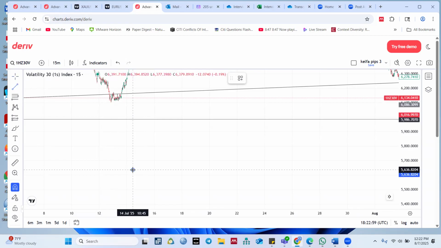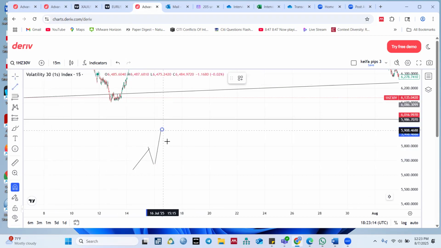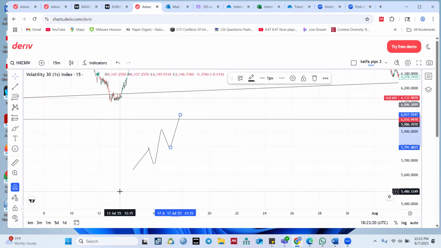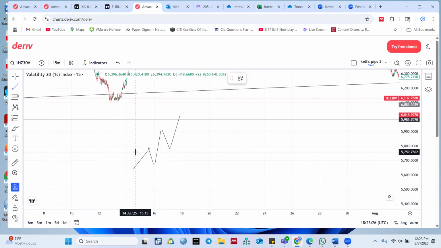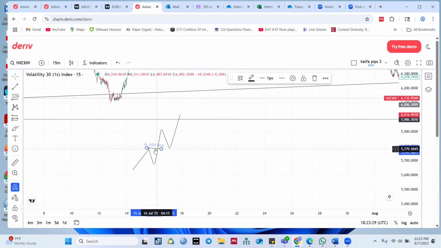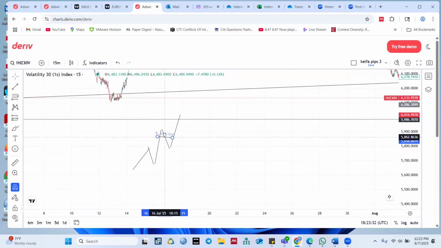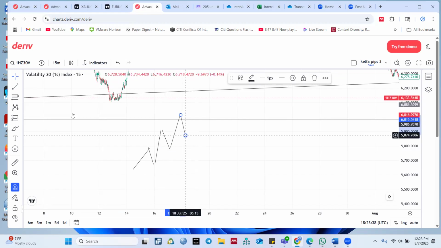In a bullish situation, and when I say bullish, I mean buys, or when the market is moving up. As we know, the market moves up and then moves down, and then moves up and then moves down. When the market is going up like this, we call it a bullish situation. It is making highs and lows, high and low, high and then probably a low, and then we expect another high.